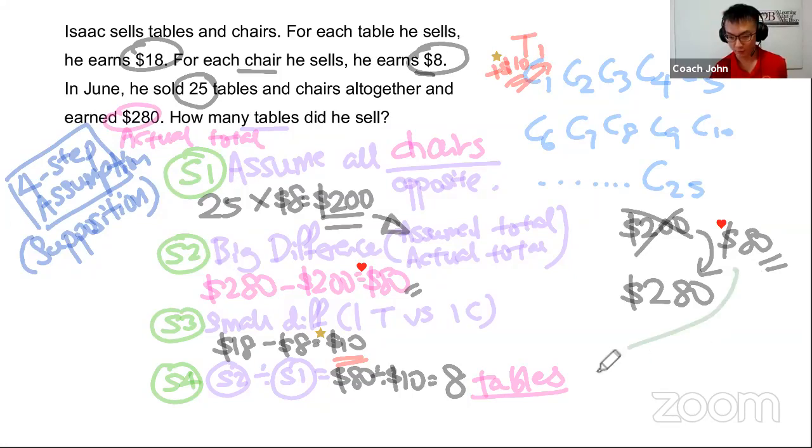So we have 1, 2, 3, 4, 5, 6, 7, 8, 9, 10. So with the first fake chair converted to the first real table, I strike out 1.